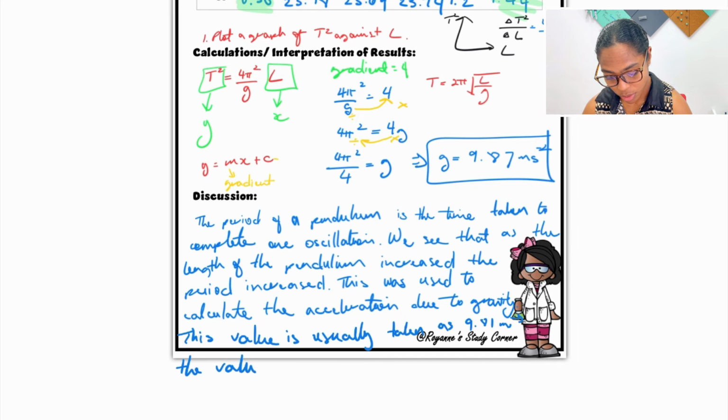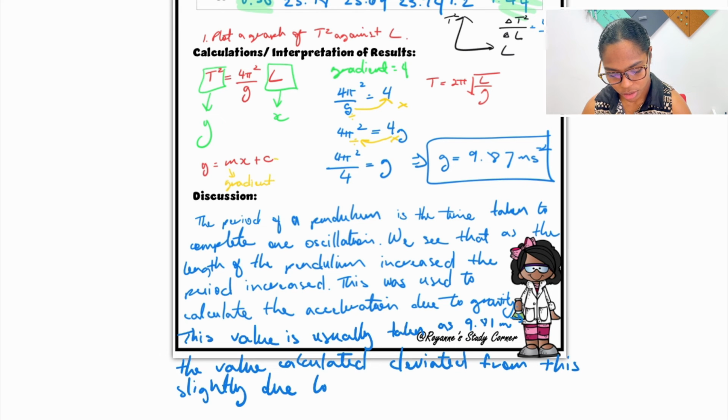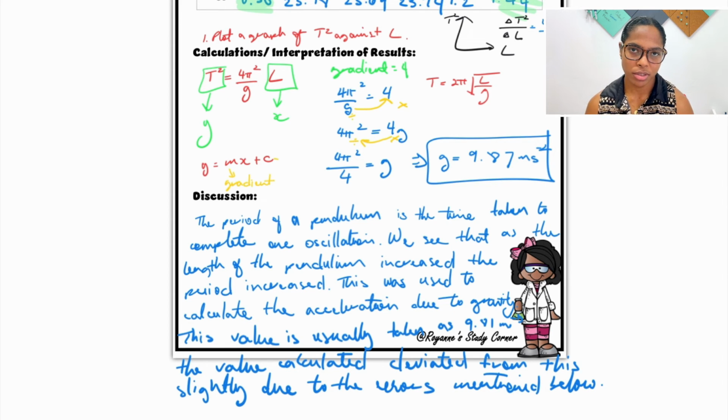The value calculated deviated from this slightly due to the errors mentioned below, because you don't have to rewrite all of that here. That's what your sources of errors is for. I hope you all understand what I wrote here, because my handwriting is all over the place.